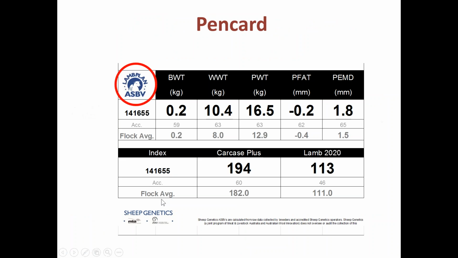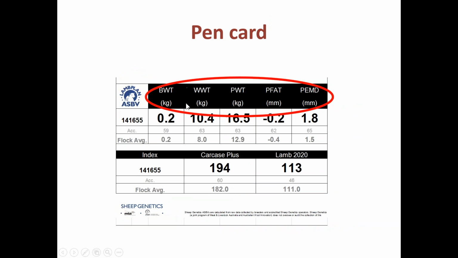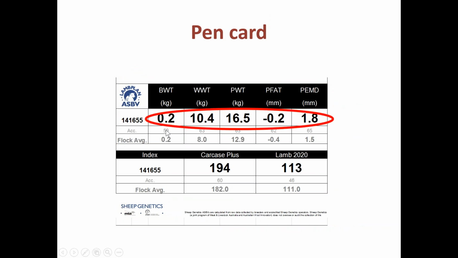So you'll see lots of different formats in catalogues and pen cards and that sort of thing. But in summary, if they've got ASBVs, they have something like we're seeing on the screen now. A logo that tells you the breed type, the traits that are being reported to you, the actual performance information for that trait.